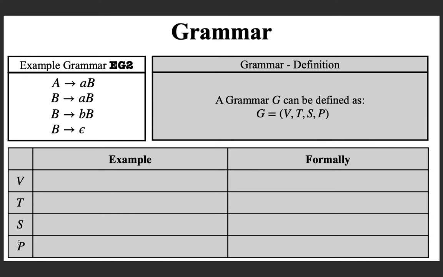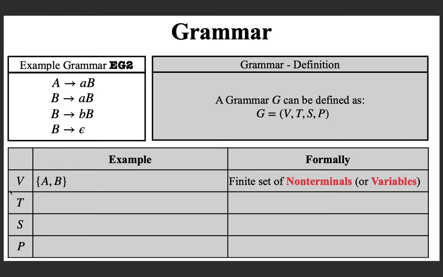So, V is nothing but, in this example, the set {A, B}, and formally it is a finite set of non-terminals or variables. In this example, only capital A and capital B are the variables. In this course, we will be using capital English letters to represent variables or non-terminals in a grammar.